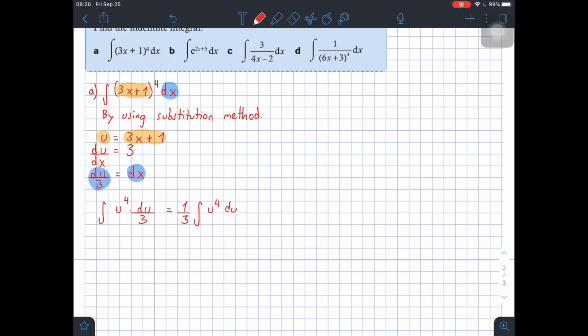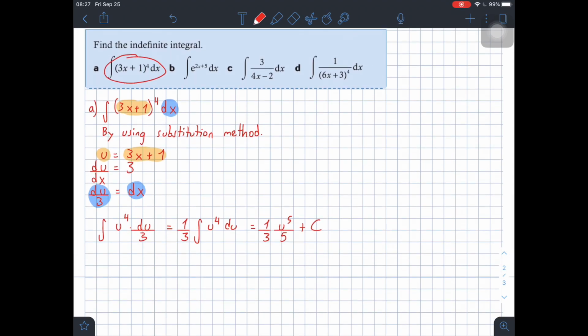And we already know how to do this. So this would be 1/3. The integral of u to the 4 is u to the 5 over 5, right? And then the plus c. So we're almost done here. We already did the integral, but since our original exercise was in terms of x, I need to change this variable back to its original expression, which was 3x plus 1, right?